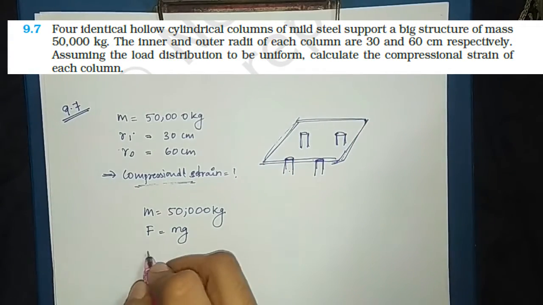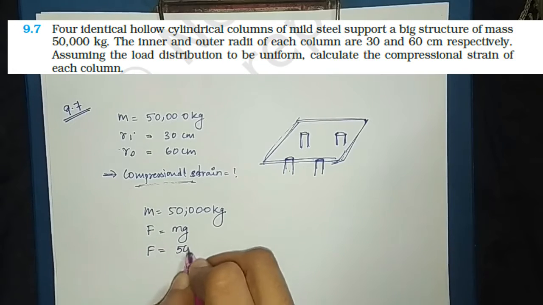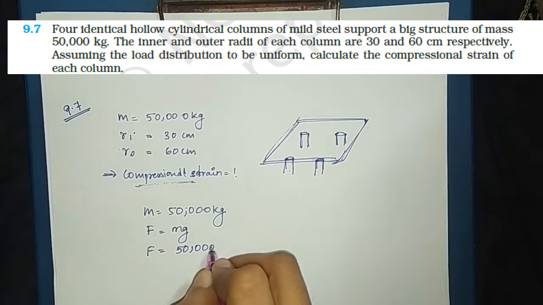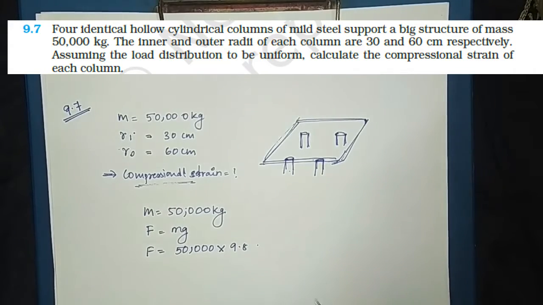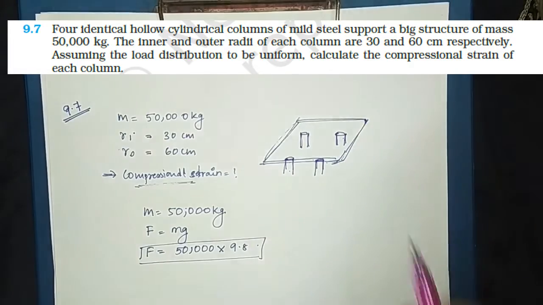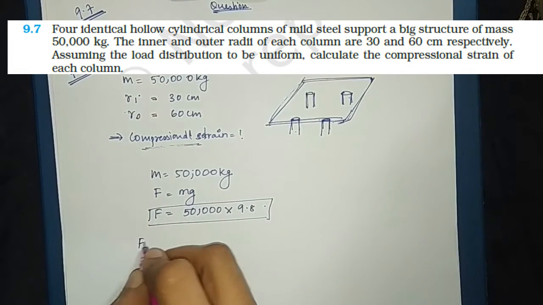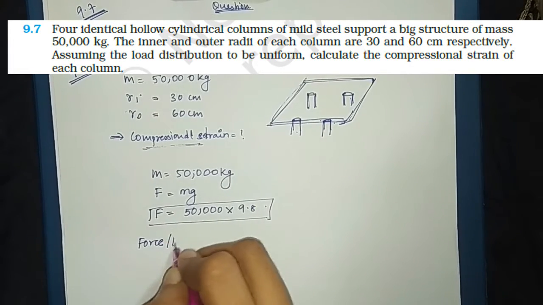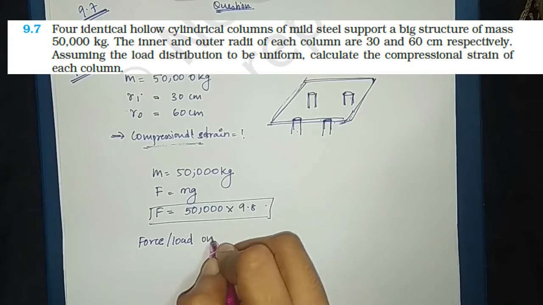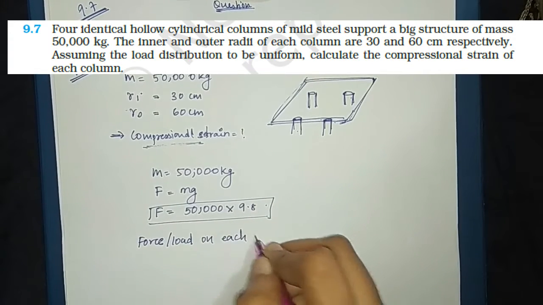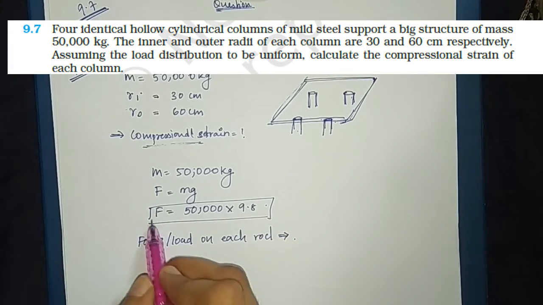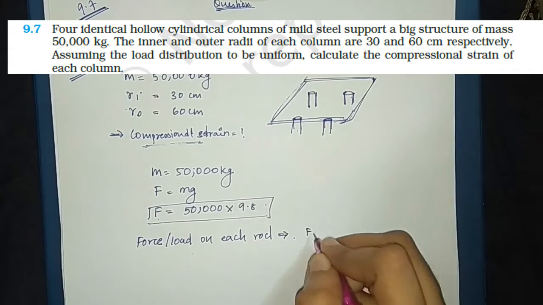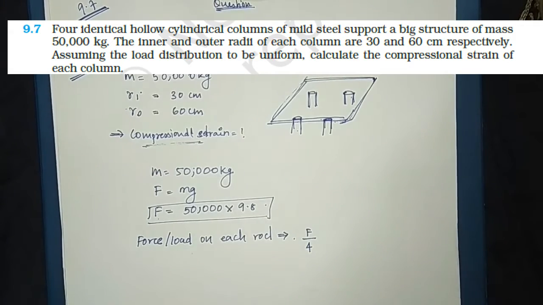So the force will be 50,000 times 9.8, and this force is on all the 4 rods. So the force or the load on each rod, that is a single rod, will be the total force divided by 4.